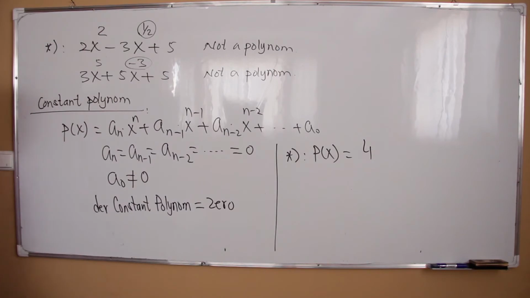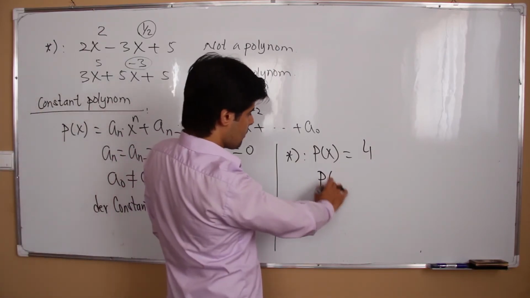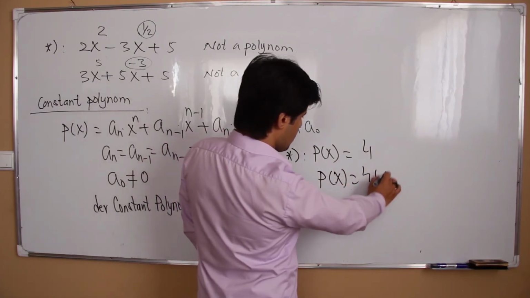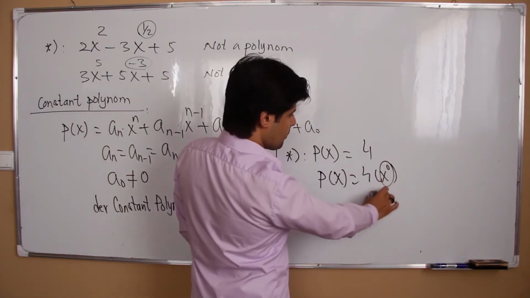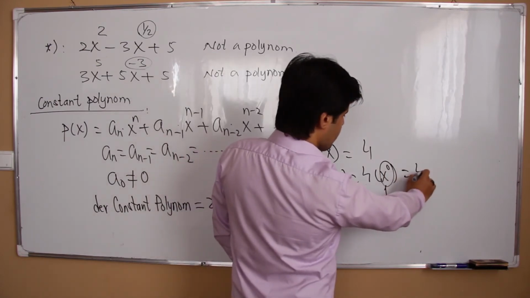Is this one a constant polynomial? Yes. Why? Because we can write this as p(x) = 4x to the power 0. X to the power 0 is 1, 1 times 4, it's once again 4.